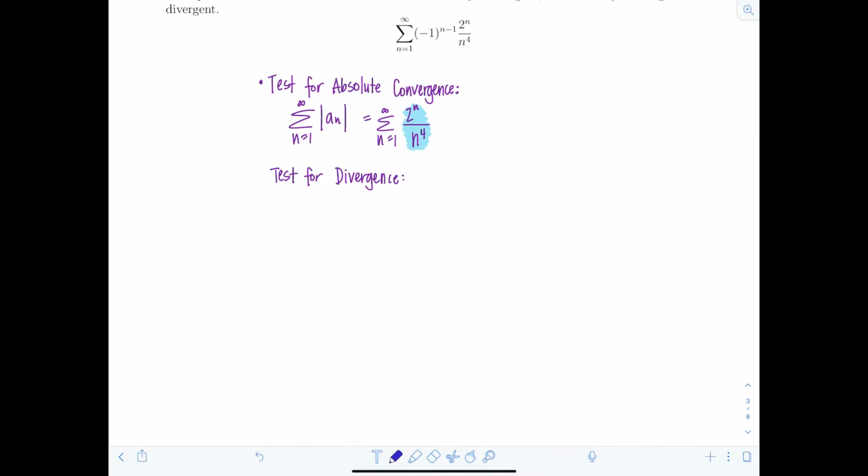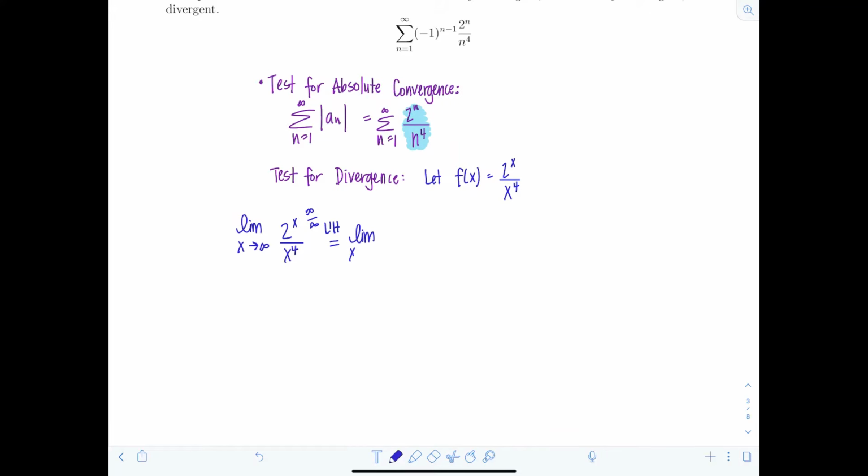So I'm going to let f of x equal 2 to the x over x to the fourth. So let's consider the limit as x approaches infinity of 2 to the x over x to the fourth. Well, the numerator is approaching infinity, denominator is approaching infinity, so I have an indeterminate form of the type infinity over infinity. So we can apply L'Hopital's rule.